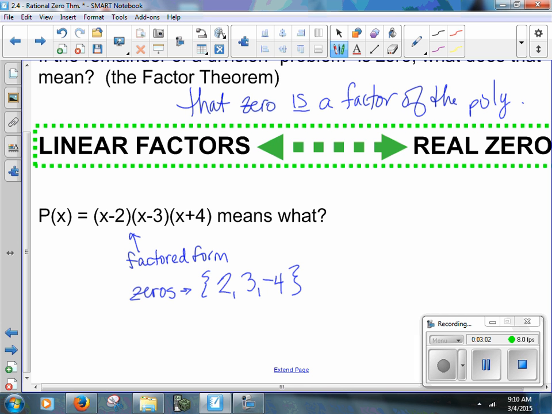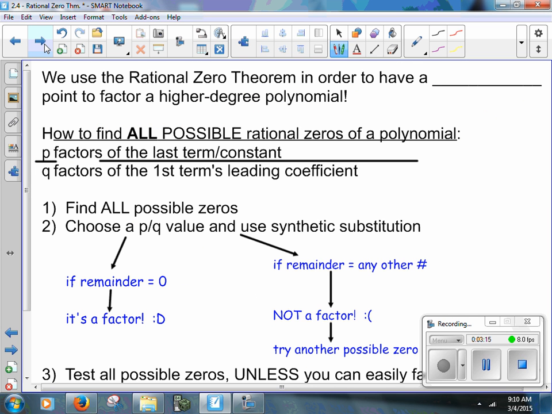Don't write this down. Hold on. You don't have to write this down. Okay? We are going to use the rational zero theorem.